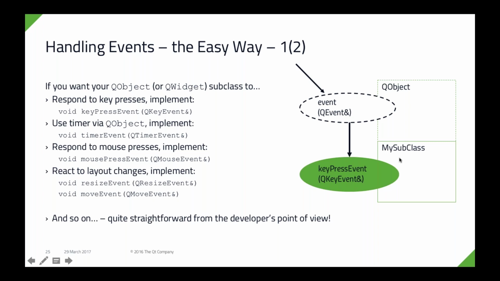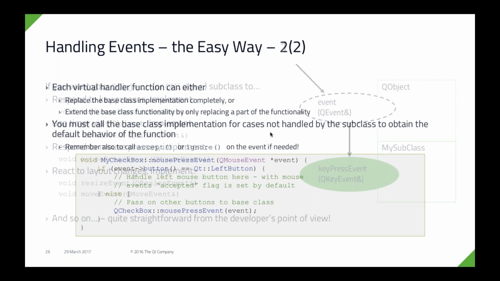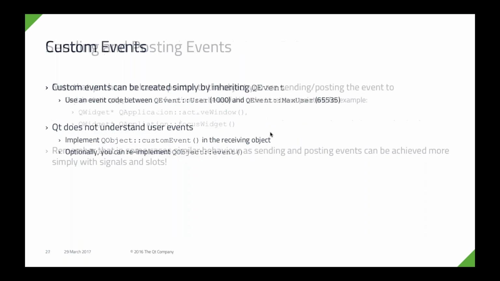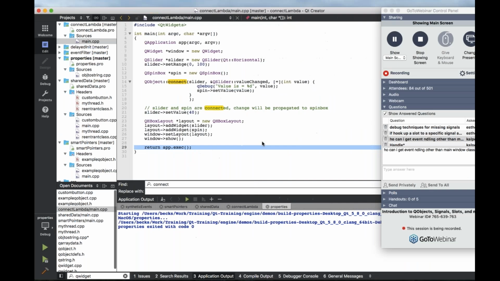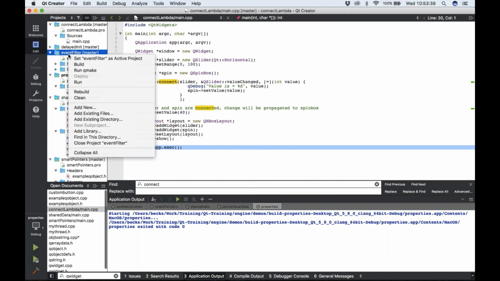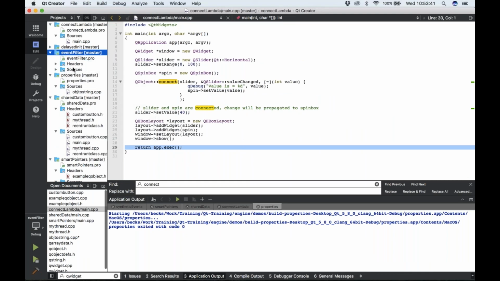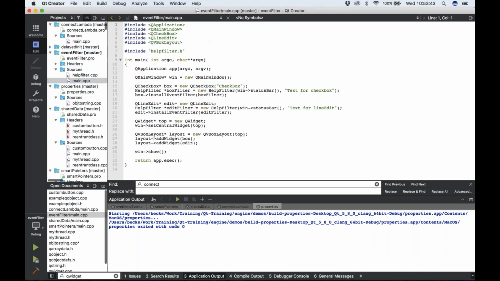How can I get event handling other than in the main window class? Okay, event handling is a feature of QObjects. So if you have a QWidget and you need to subclass that, you can do so. If we take a look at the event filter sample here, we can see the kind of thing we're doing.